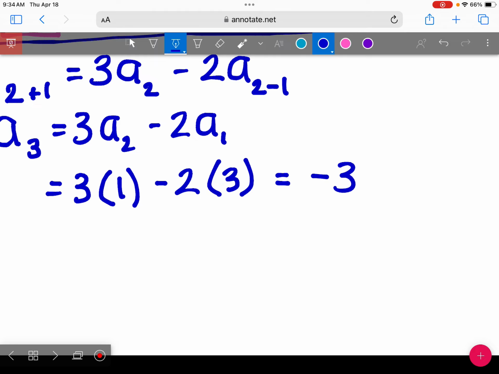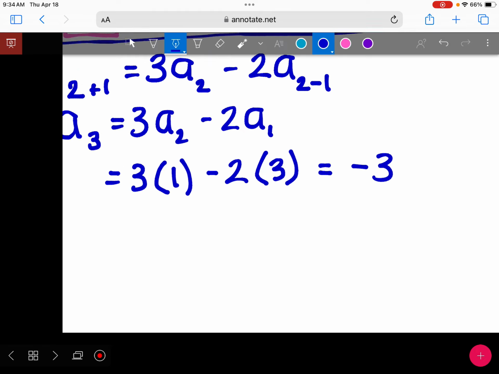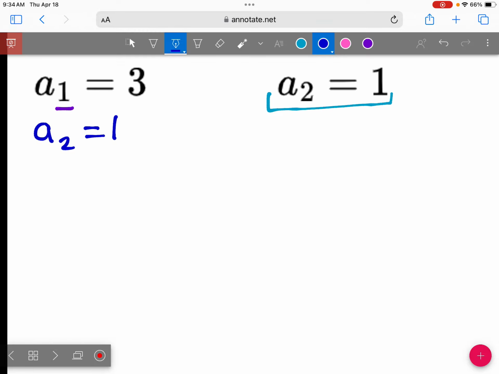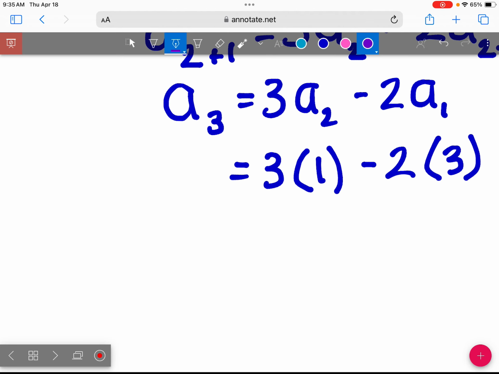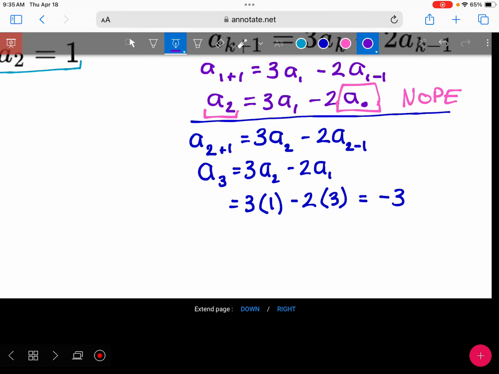Negative 3. So a sub 3 is negative 3. So now we're hitting a groove. Now we're finding values. So let's do a sub 4, which we're going to get by using a k of 3.